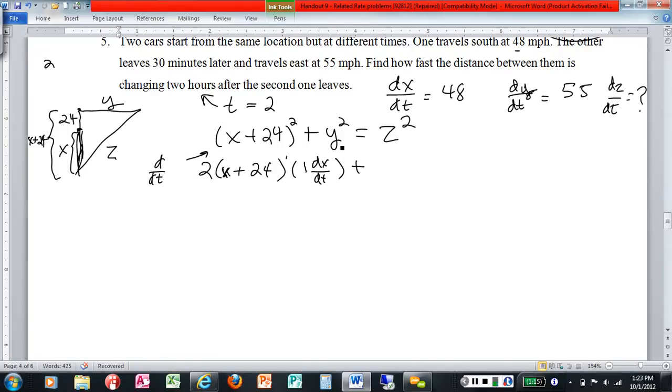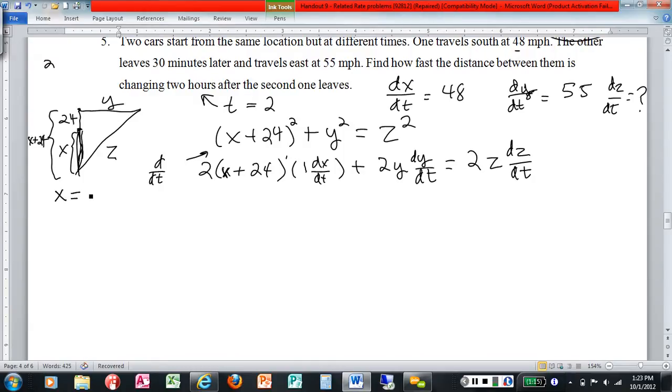All right, now, what about the y squared? Well, that's 2y dy/dt. And then the z squared would be 2z dz/dt. Now, I believe I am ready to substitute in. Just go back here and do a little calculation.